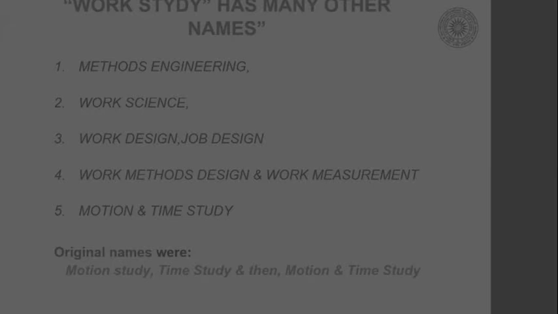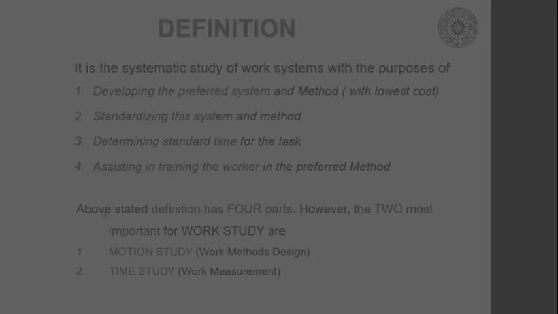The original name was motion study, then time study, and then we combined motion and time study, because time study is not complete without the motion study. So we have clubbed it, and this name, motion and time study, is more appropriate.